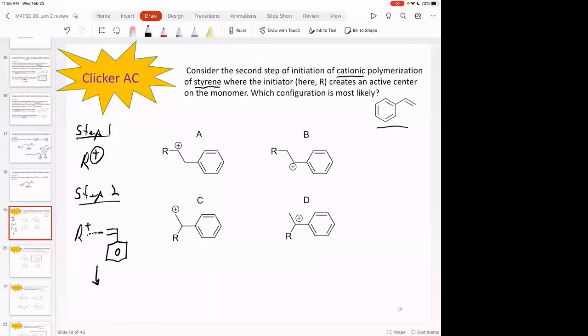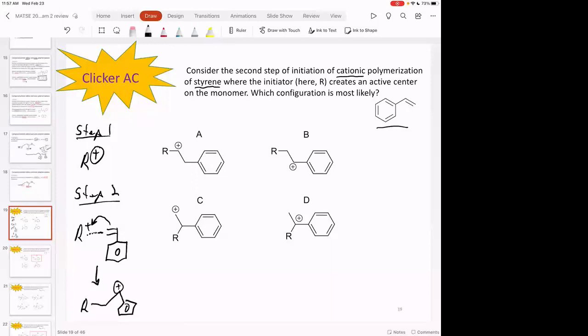And so if we think about 2 electrons coming over and making a bond, all we have to do is say, okay, I've got R, I make a covalent bond to 1 carbon on the styrene. I've got another carbon of the styrene, one carbon right here, one carbon right there. I've got my styrene ring. And I'm going to have my cationic center here. So I think that's the right reaction that I wrote on my scratch paper.